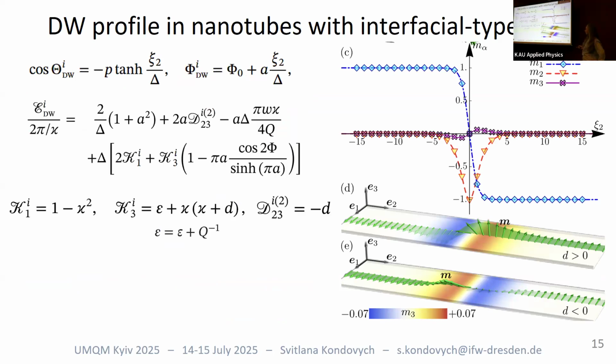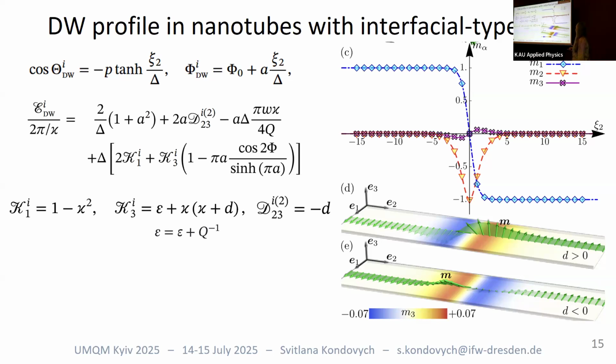With this ansatz, we minimize the energy of such a domain wall. We see also that the effective anisotropy and DMI of the system depend on curvature and DMI, same as in the bulk type DMI situation. Also, magnetostatics rescales the anisotropy of the system.